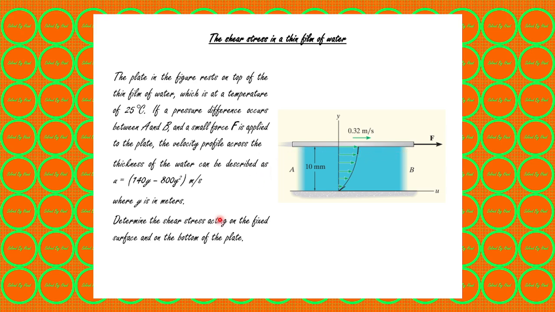So we have to calculate the shear stress at two locations. Location number one on the fixed surface, and also on the bottom of the plate, here near the fixed surface.